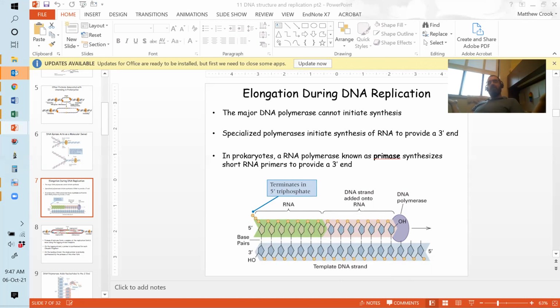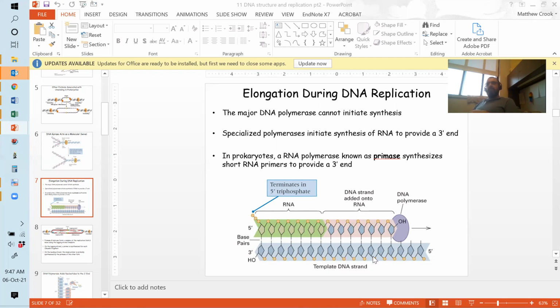We now have a 3' OH we can add DNA nucleotides to start synthesizing the DNA proper, right? And once that begins, it's no longer needed anymore. So once you've started making the DNA, just keep on making it basically until you can't anymore.